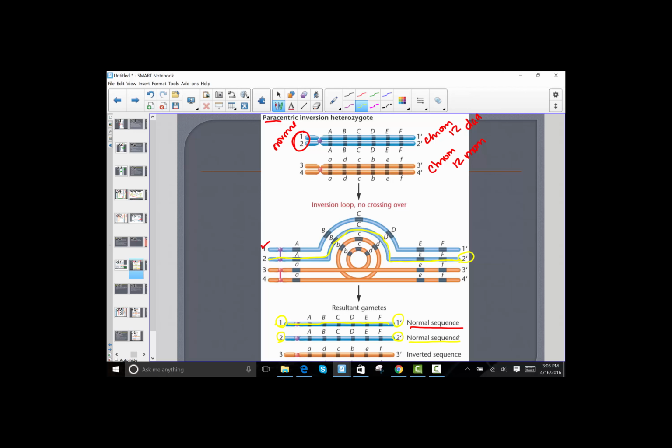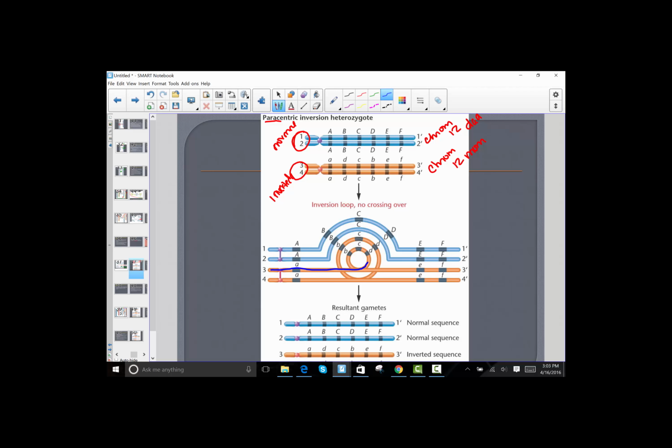Okay? Now the one that has to change is the fact that this one is inverted. Okay? And so let's look and see what happens when we start looking at our inverted chromosome and how it's having to match up. Okay? So now what happens is we end up with, starting with 3, A, where does it go?